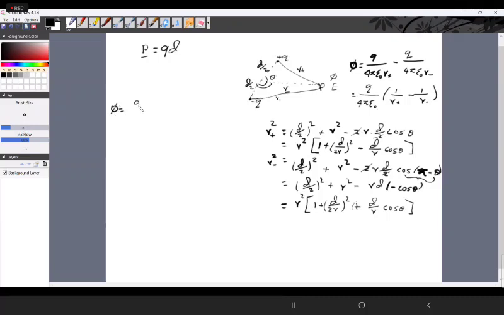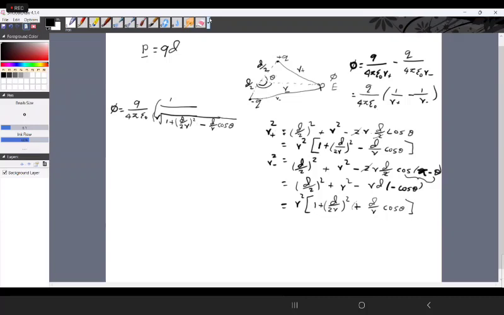So potential is equal to Q over 4 pi epsilon naught times 1 over the root of, so if we take the root of this r squared, then I can have r outside, r times 1 plus d by 2r all squared, minus d by r times cos theta. So this will be the value for r plus.